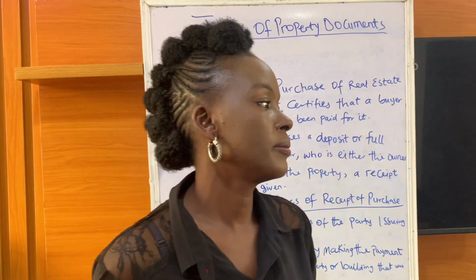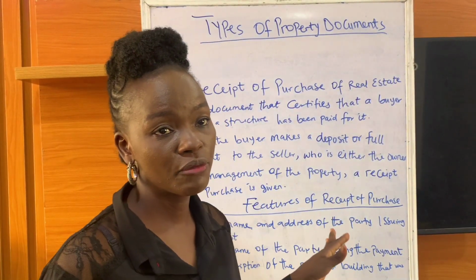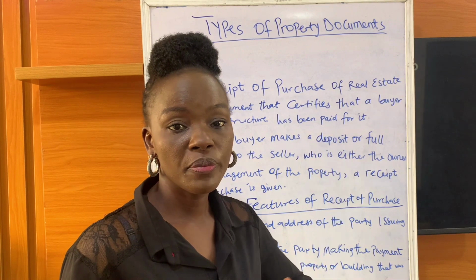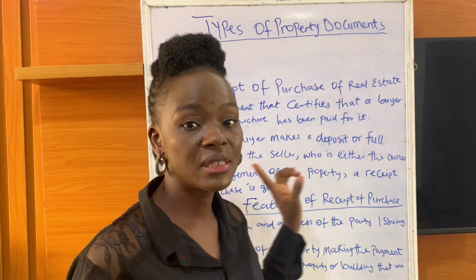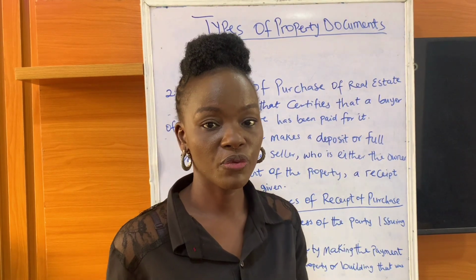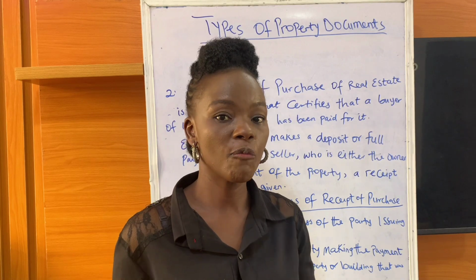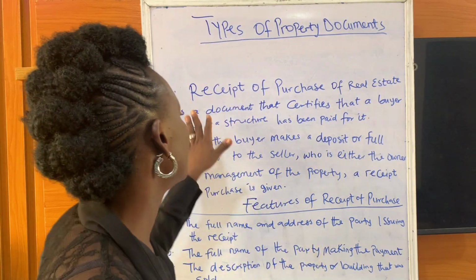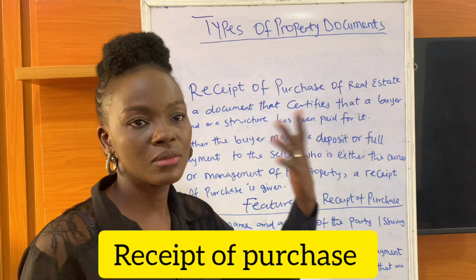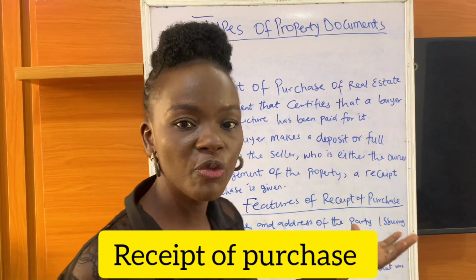All right. So under the types of property documents, I'll be talking about receipts of purchase of real estate. Now, what's a receipt? Just the normal receipt we know, a proof of payment.